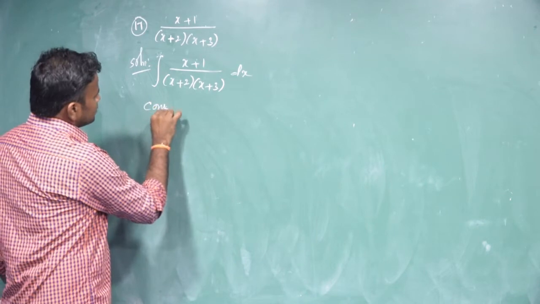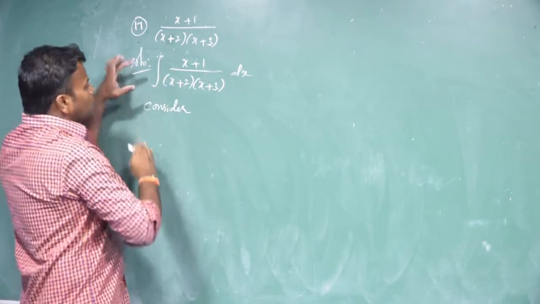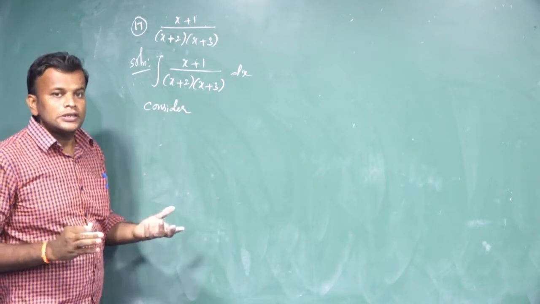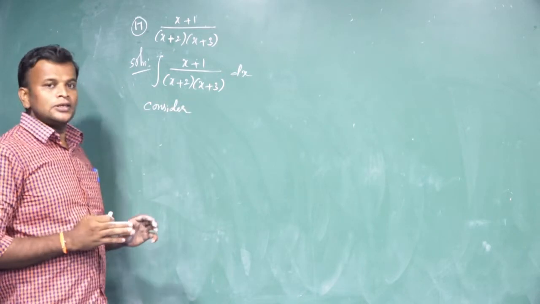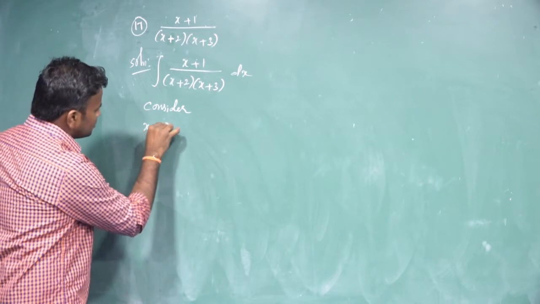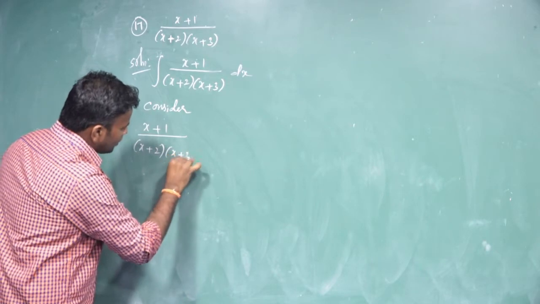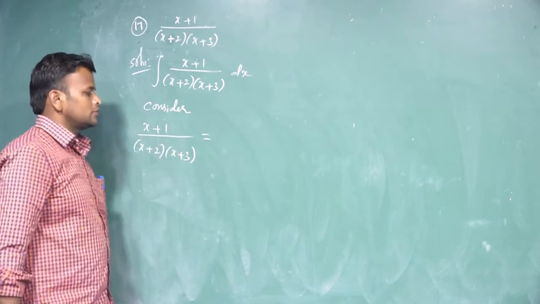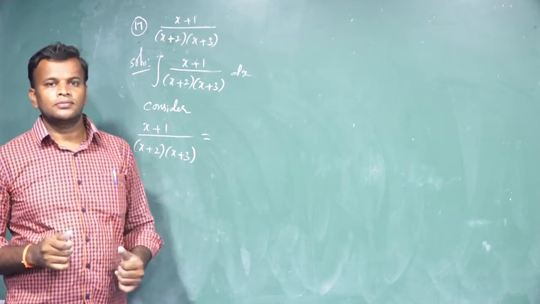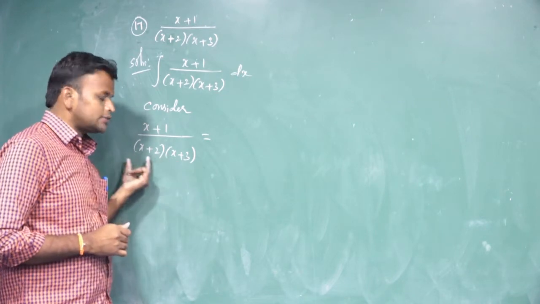Now I consider it in partial fraction terms. We can't integrate directly. First of all, we split the given term, because there is no direct formula for this integration. So I consider the given term, x plus 1 divided by x plus 2 into x plus 3. In partial fractions, you see it is the first type: two linear factors.